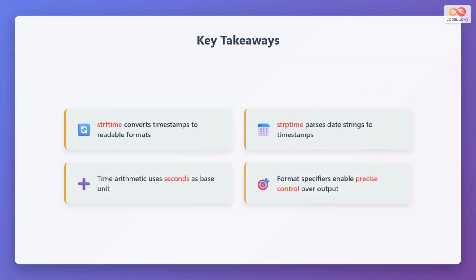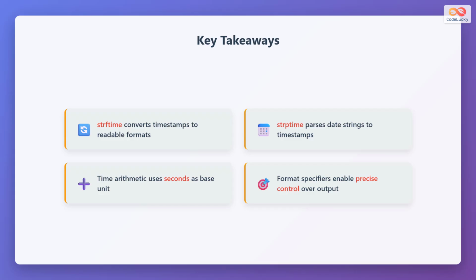Mastering Splunk time functions requires understanding 4 key concepts. First, strftime converts timestamps to readable formats, making it essential for creating user-friendly displays and reports. Second, strptime parses date strings to timestamps, enabling you to work with various input formats from different log sources.